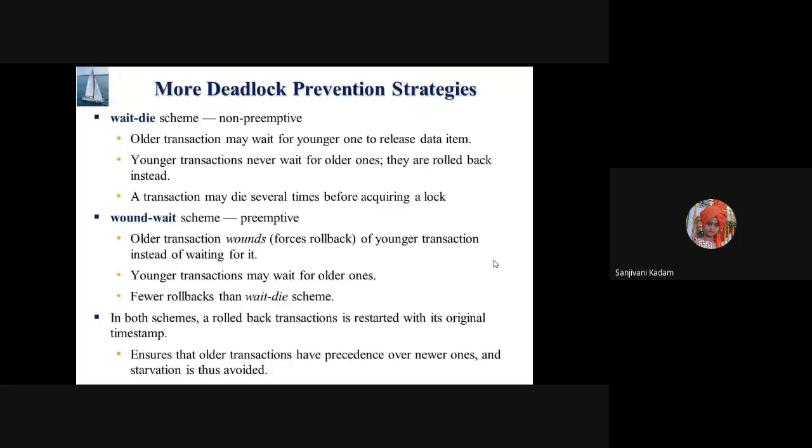Say right now it is only 2 minutes past 10. Then we can say that T2 is the younger transaction and T1 is the older transaction. So this is the concept. Now the wait-die scheme says that an older transaction may wait for a younger one to release a data item.